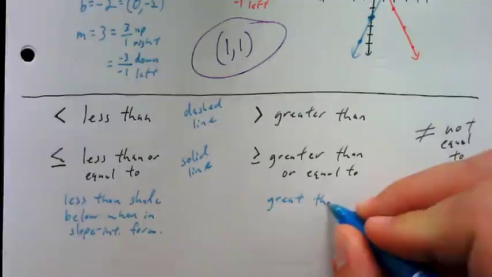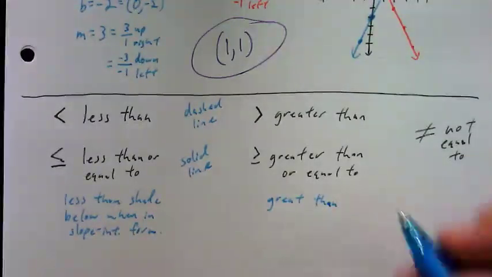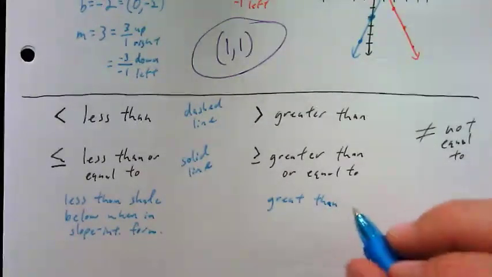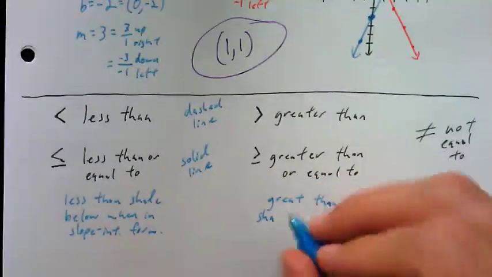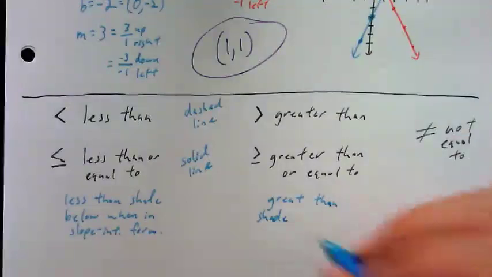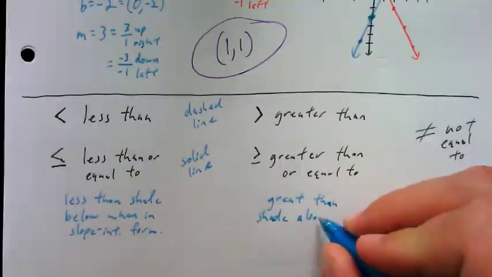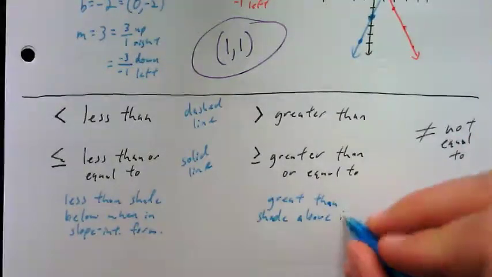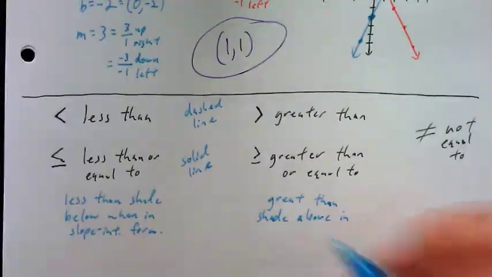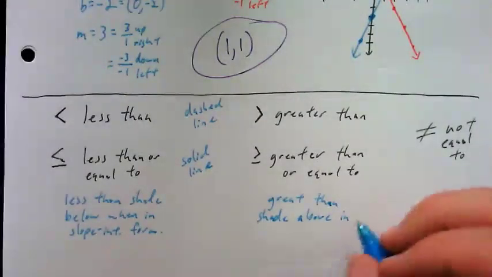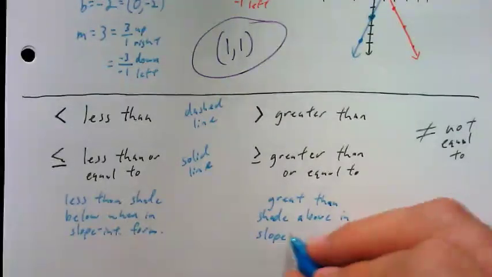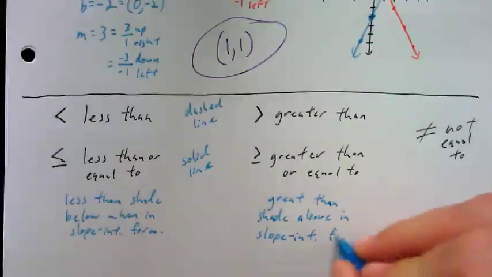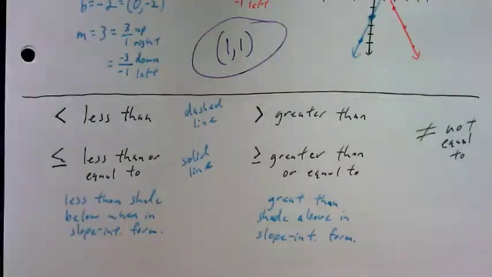I highly recommend, anytime you have to graph an inequality, change your equation to slope-intercept form first, and it'll make it easier to shade at the end. Otherwise, does anybody remember another way to shade for graphing for these? So if it's not in slope-intercept form, what you have to do is plug in a value that's on either side of your line.